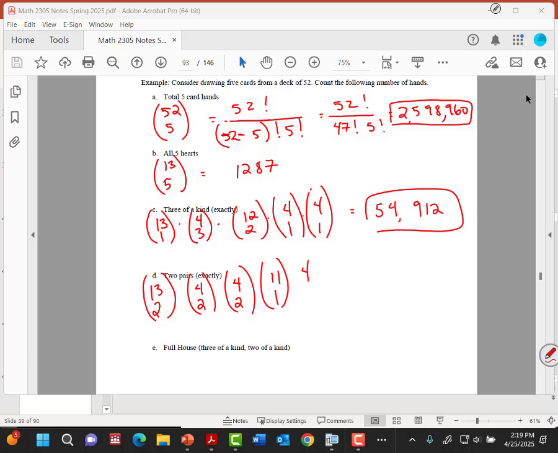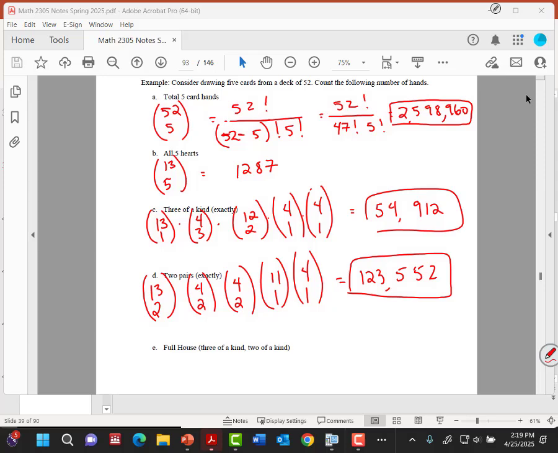And then from the 4 in that denomination, select one of them to be in my hand. So if I multiply these together, I get 123,552 different ways that I could get 2 pairs exactly.